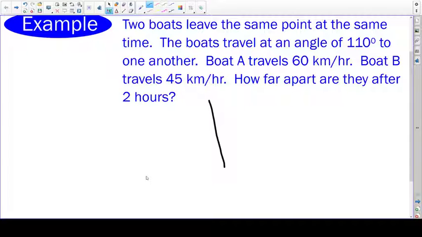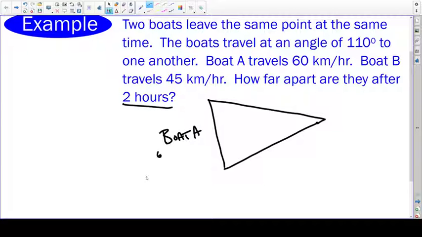There's one, there's the other, there's the distance. So boat A travels 60 kilometers an hour over 2 hours. So 60 times 2 is 120.